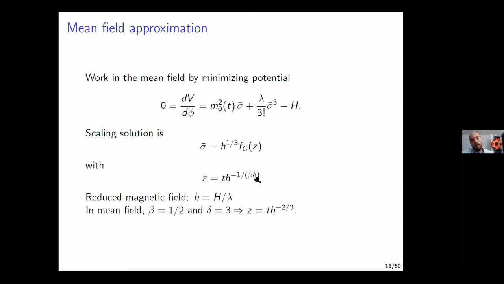And since we're going to be working in the mean field, it makes sense to use the mean field exponents. So that's exactly what we do. We take beta is 1/2 and delta is 3. And then this variable z now has this power h to the minus 2/3.